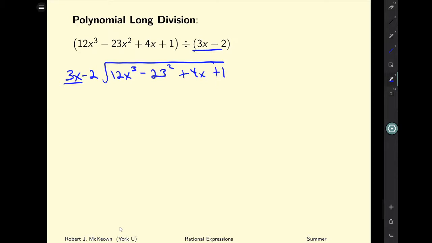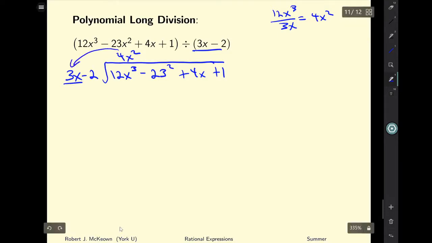So I'm basically saying, what's 12x cubed over 3x? Well, it's equal to 4x squared. So I'll write it up here, 4x squared. Now I'm going to multiply this 4x squared by the first term and the second term.